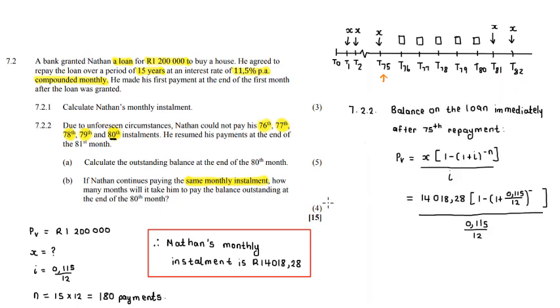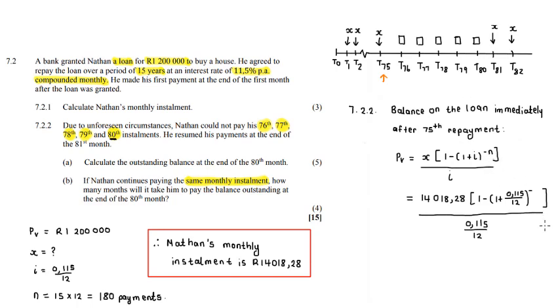In order to calculate the balance on Nathan's loan immediately after his 75th repayment, we just plug his monthly installments into the present value formula together with his interest rate, and now we just need to worry about this value of N. Remember that when we are looking for the balance on the loan, this N is talking about the number of payments which are remaining.